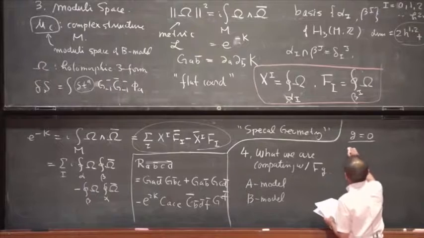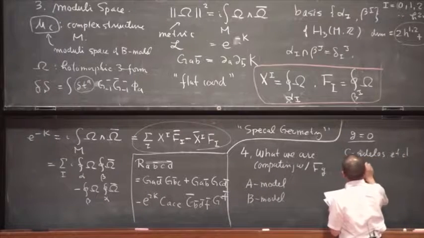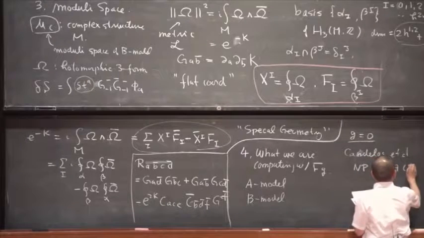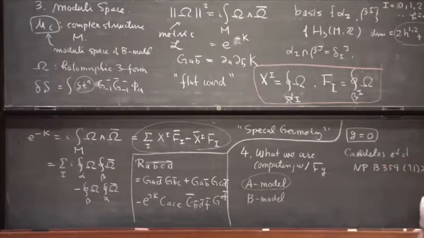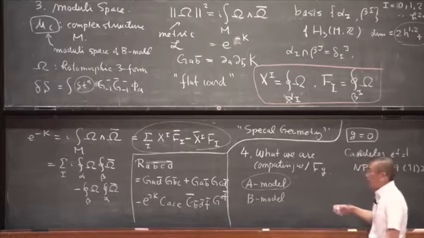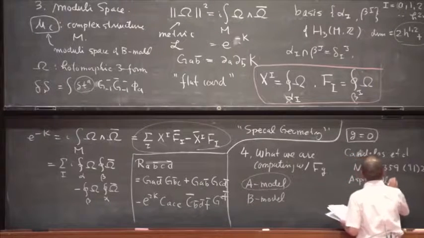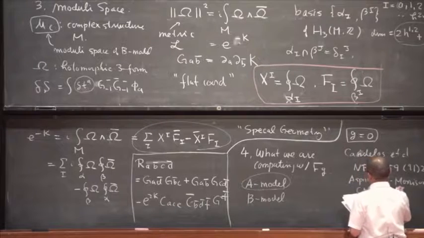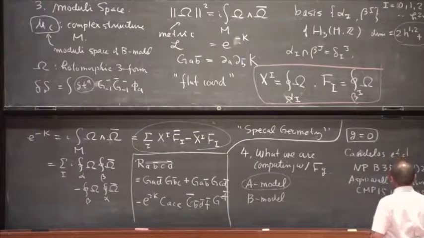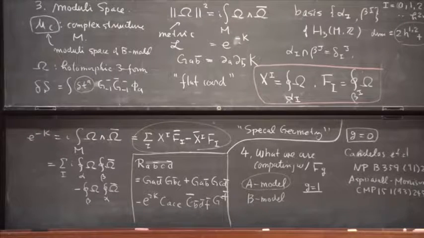There is a paper by Candelas et al. in Nuclear Physics B359, 21, which actually computed the A model genus 0 answer explicitly for some class of Calabi-Yau manifolds, and made some conjecture based on this computation about the structure of the A model amplitude in general, which was later proven by Aspinwall and Morrison, CMP 151, 245.